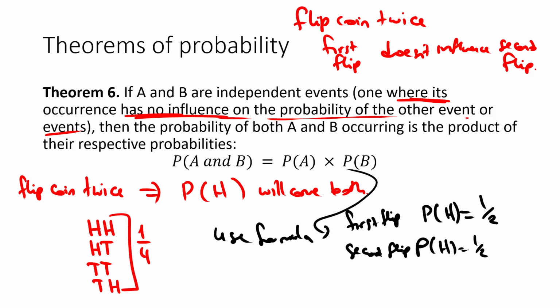So the probability of head and then head is just 1 by 2 multiplied by 1 by 2, which is 1 by 4. As you can see, they are the same. And this is for independent events. For independent events, the probability that A and B will happen is just the multiplication of them.